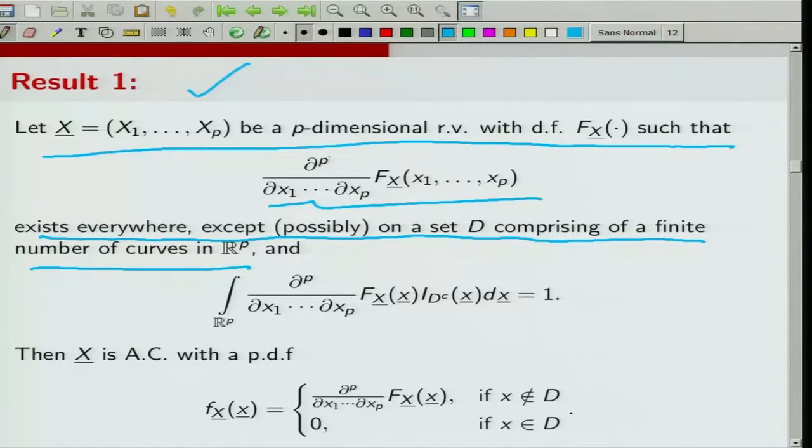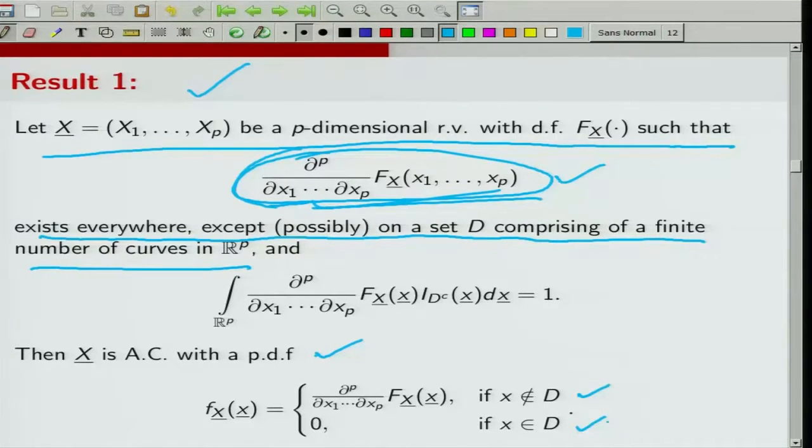And suppose this function integrates out to 1 over R^p. So, leaving those finite number of curves, if I take this function, it integrates out to 1. Then I can say that X is absolutely continuous with its PDF given by this quantity if x does not belong to D and 0 otherwise.